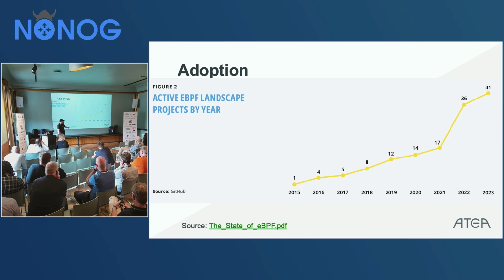Since its birth in 2014, and since 2015, there were already in 2023 41 repositories with applications for eBPF, and this is from the State of eBPF report. I haven't checked what the status is from 2023 to now, but I can only imagine that it has increased even more.